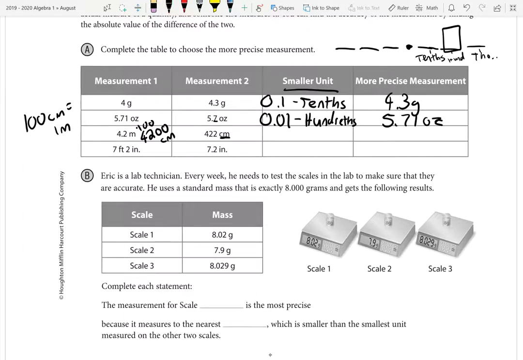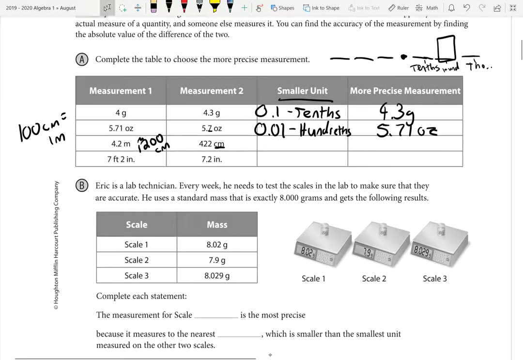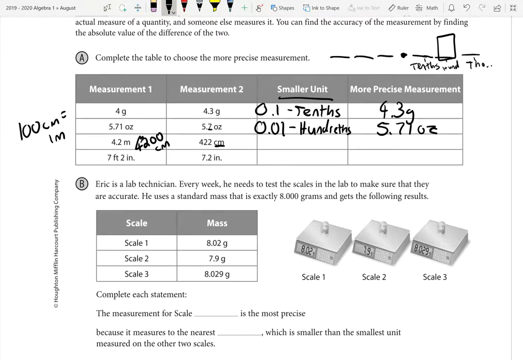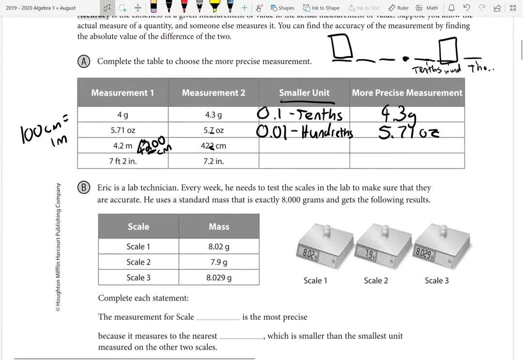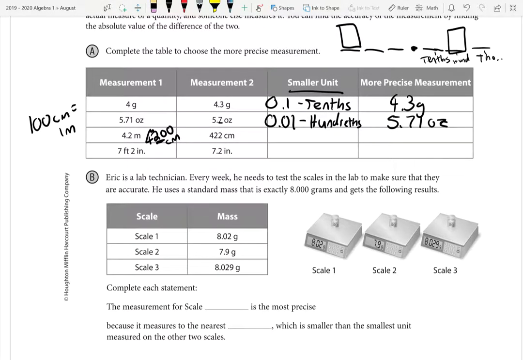So now, all right, now we can really compare these two. So this one only goes all the way to the hundredths place here, but this one, 422, actually goes all the way to just the single digits place, right?